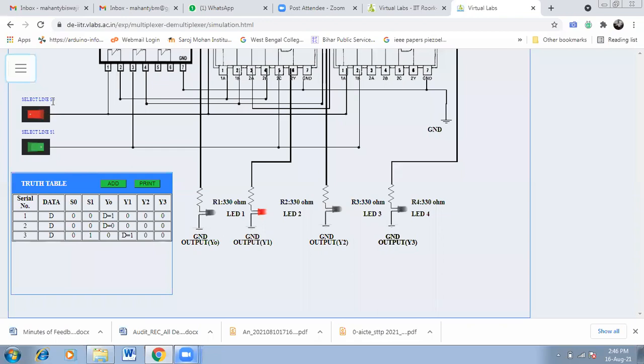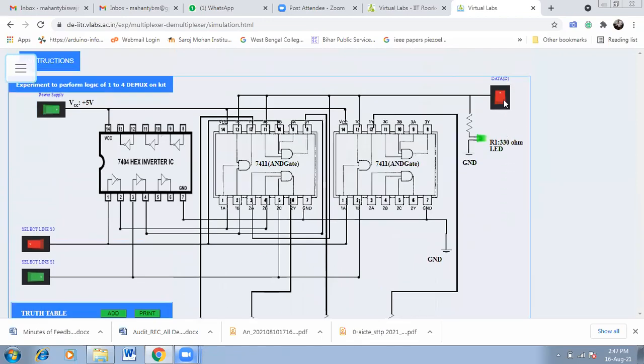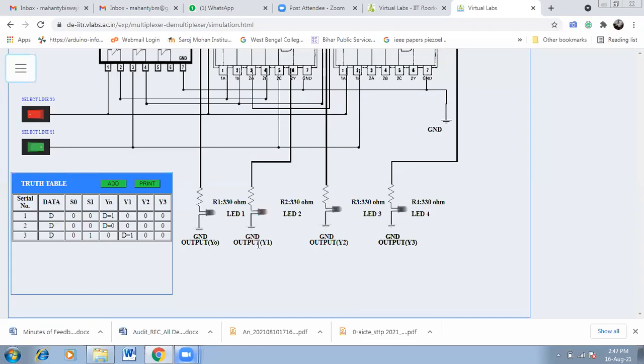The data input D is supplied 1 here, so Y1 would be selected. In all other cases, the other outputs are 0. So Y1 is 1 and all other values are 0. Now, if you apply 0 value, then definitely your Y1 is also 0.